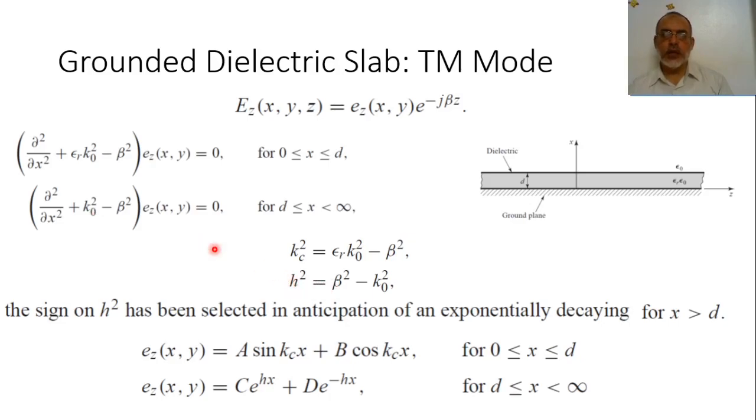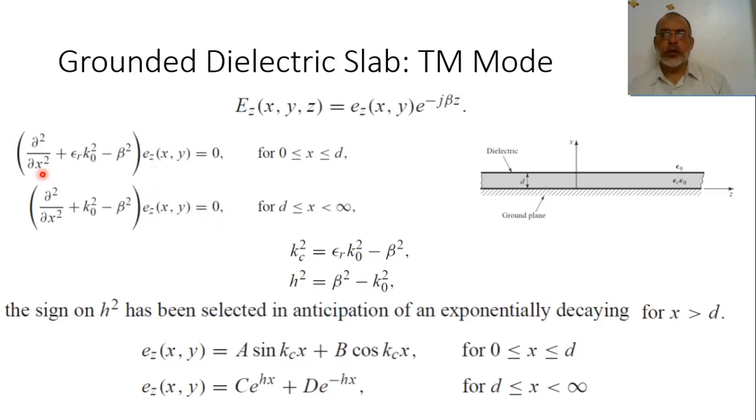This means the differential equation is partial by partial x squared plus kc squared, Ez equals 0, in the region x greater than 0 and less than d. On the other hand, it is partial by partial x squared minus h squared, Ez equals 0, outside.